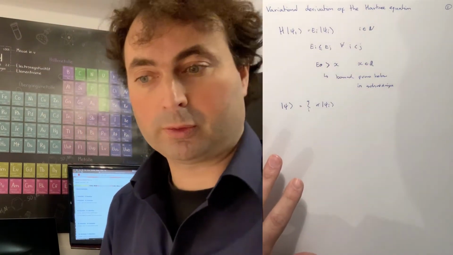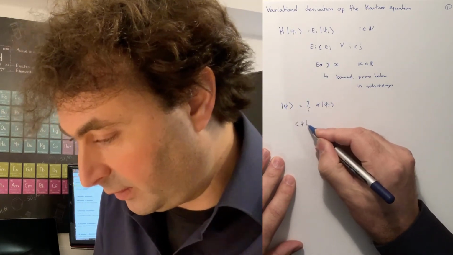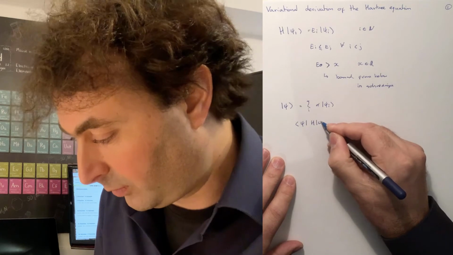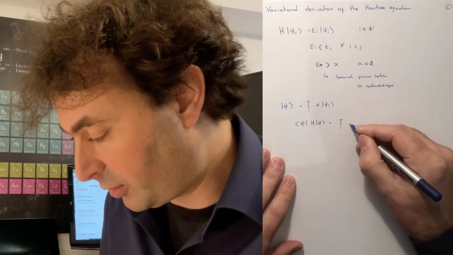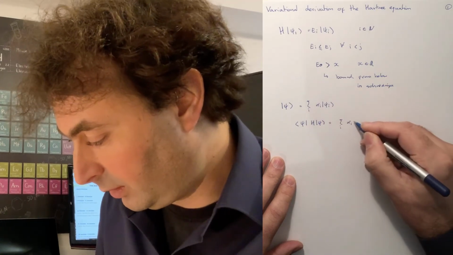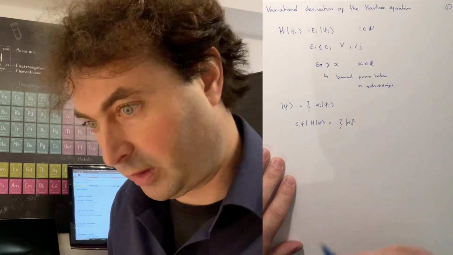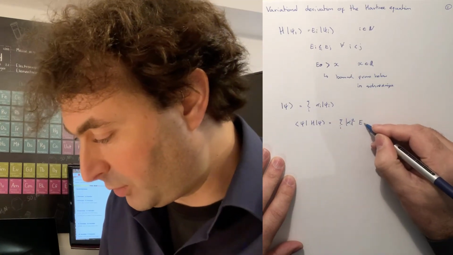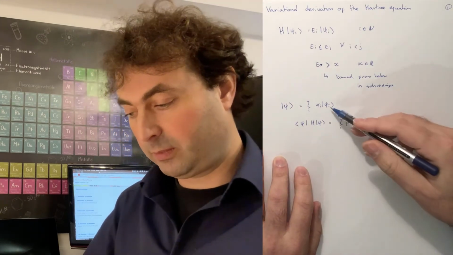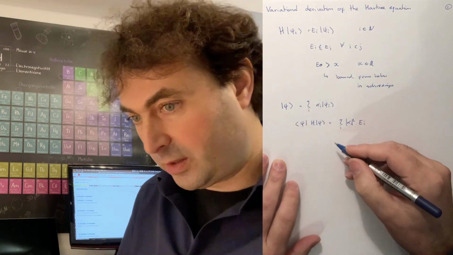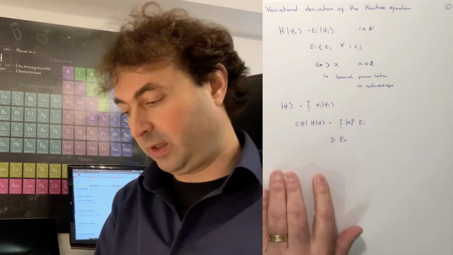The eigenstates form a complete orthonormal basis set, which means if we calculate the expectation value of our energy of this arbitrary wave function, then it is a sum over the norm square of alpha i times the eigenenergy of that eigenstate i, and this is always equal or larger than the ground state energy.